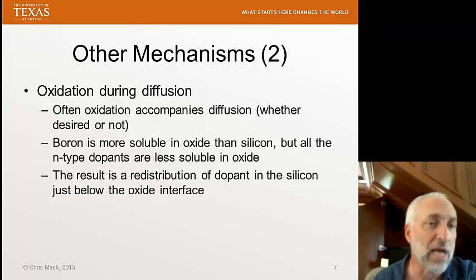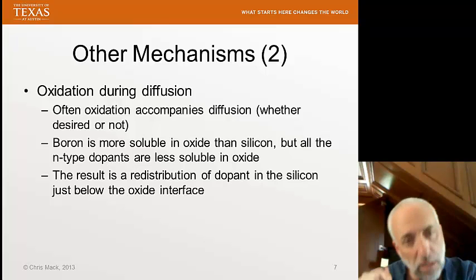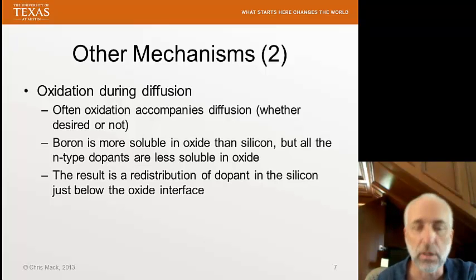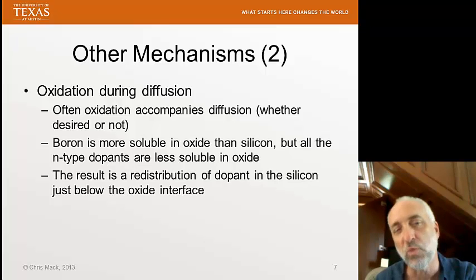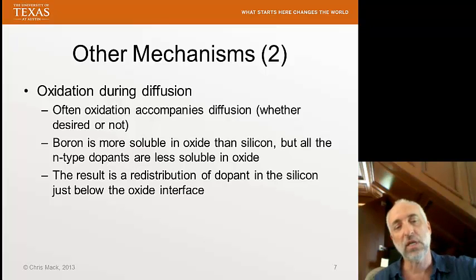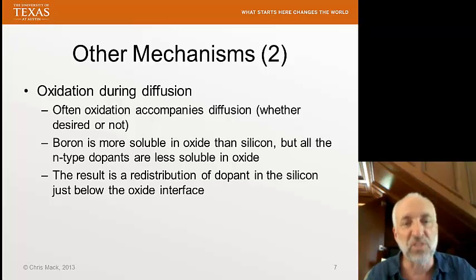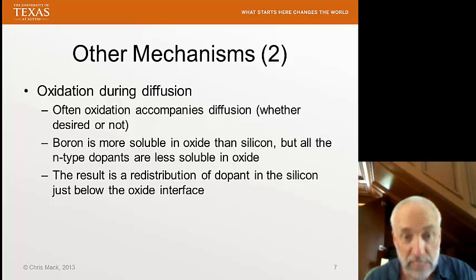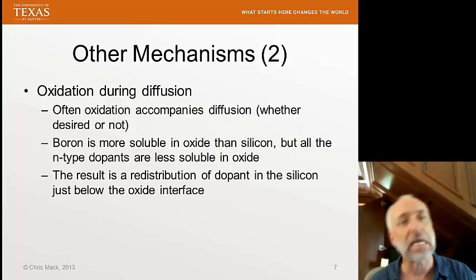If we grow an oxide on a doped silicon material, then that dopant will be diffusing while we're growing the oxide because it's a high temperature step. What happens to the dopants? If I have a silicon interface, the oxide begins to grow, the oxide begins to take up some of the silicon, and the interface moves down. What happens to the dopants that are in that silicon as the oxide grows?